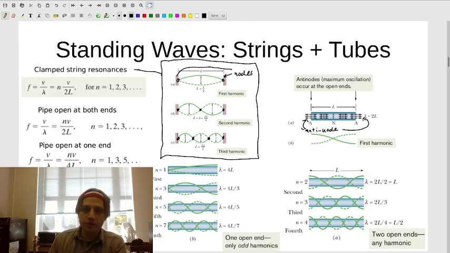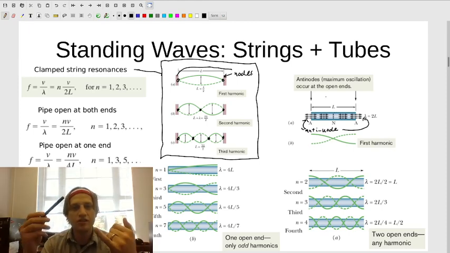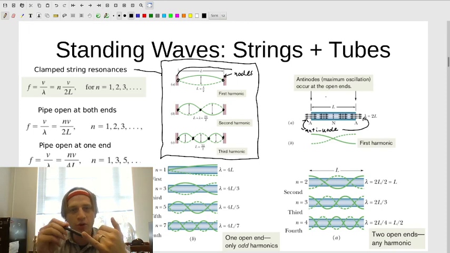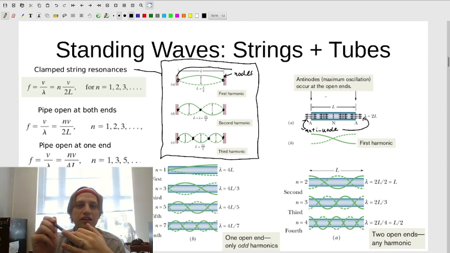And this picture is just trying to draw your attention to the fact that the thing that's vibrating in this case is a little bit different. When we add our string, the thing that's vibrating is the string. When you have your open-ended flute, the thing that's vibrating is the air itself. And this does matter because sound moves much more quickly in solid materials than it does in air.